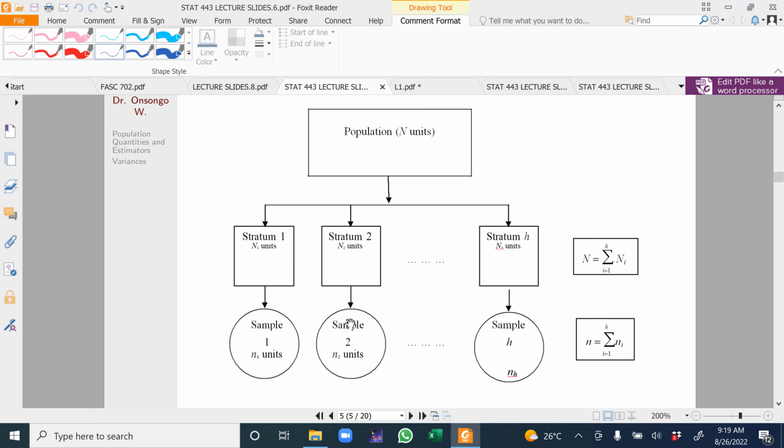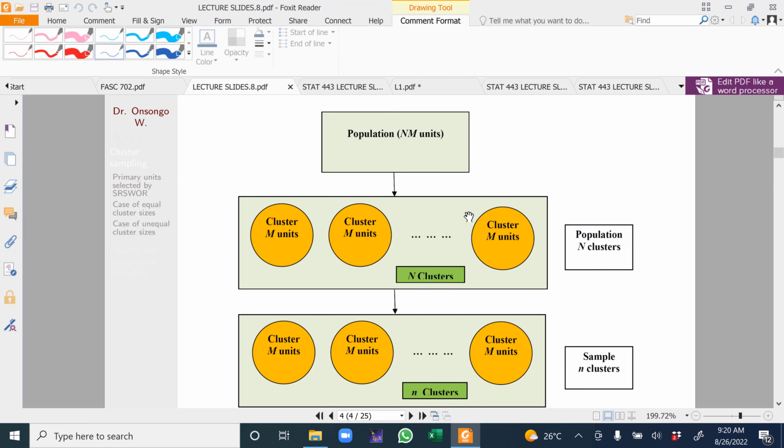Subgroup, draw a sample. Subgroup, draw a sample. And then observe all the units in this sample. So this is the form of stratified sampling, and this is the form of cluster sampling. They are different. Please know how to distinguish.